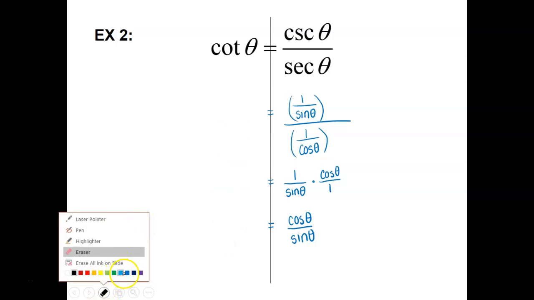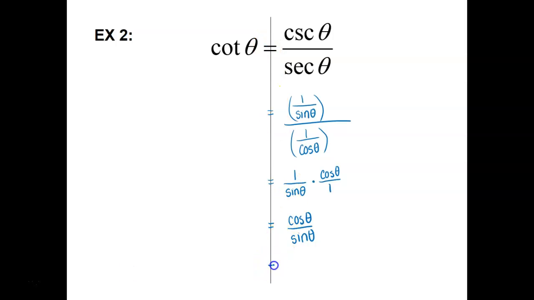So if you don't do anything to cotangent, your last step here, cosine theta over sine theta, you could just make that cotangent theta, and then just bring this all the way down here, cotangent theta, right? That also would be correct. So you may not end up with that same last line as somebody else, but you could both be correct.